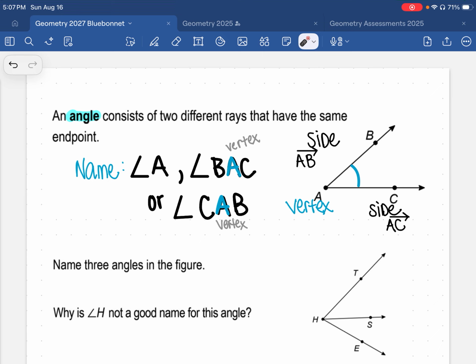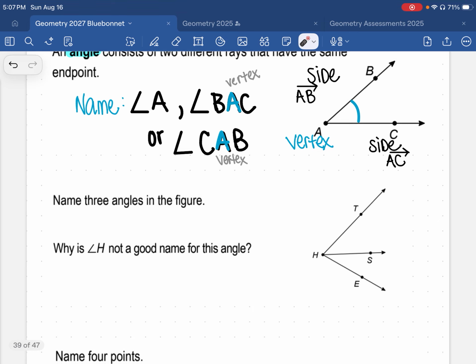Okay, I like to name angles because they're telling me exactly where to look in the picture. This one right here is telling me start at point B, head to the point A, and end at point C. And it's going to show me my angle. Same thing here with CAB, start at C, go to A, end at B.